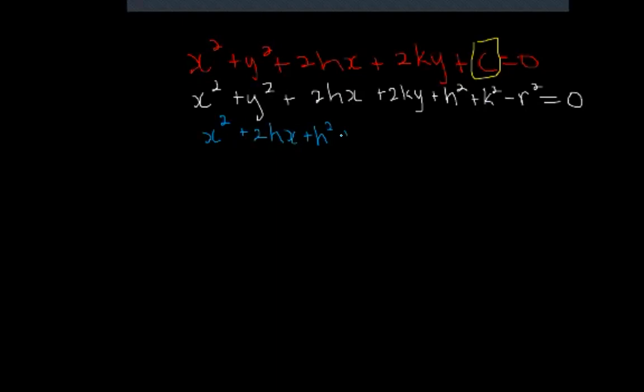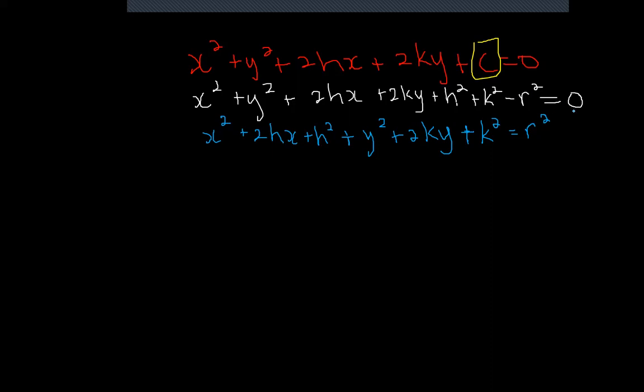So that's plus y squared plus 2ky plus k squared. Remember the standard form, it's equal to r squared. So the general form is equal to 0, but the standard form is equal to r squared.